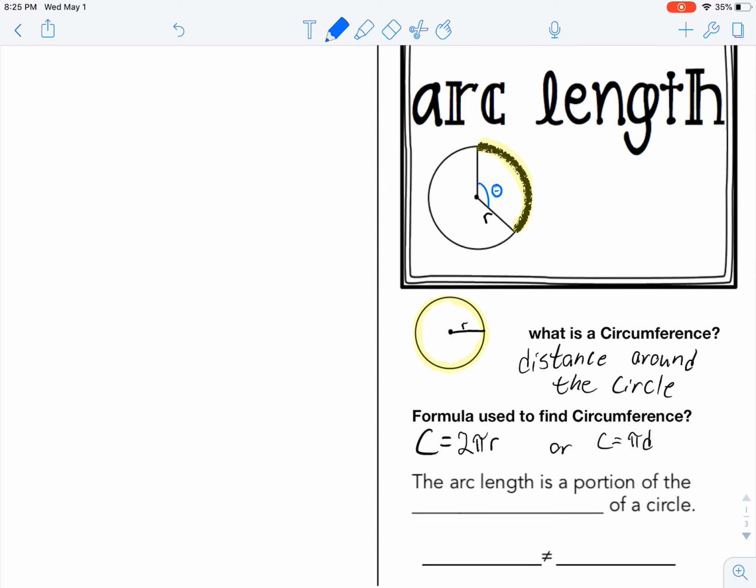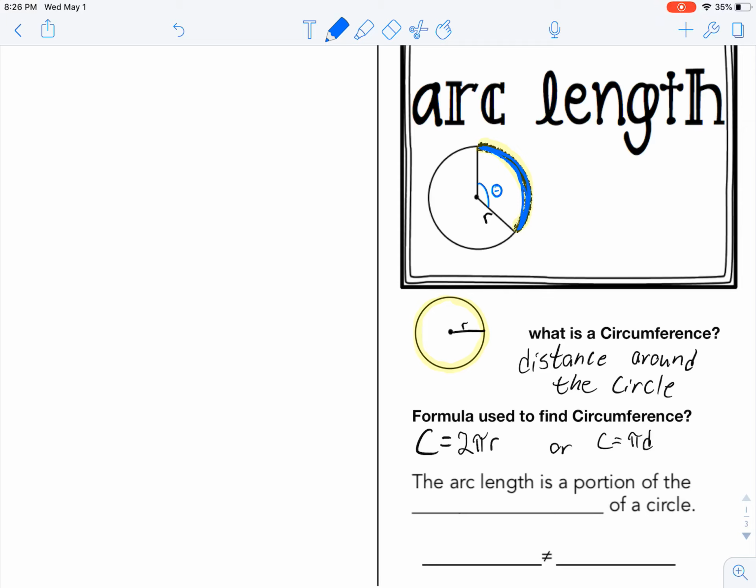So for these blanks down here, the arc length is a portion of... when we look at that bolded line up here that I'm going to do in blue, this part right here, is that inside the circle, or is that on the edge of it? It's on the edge.